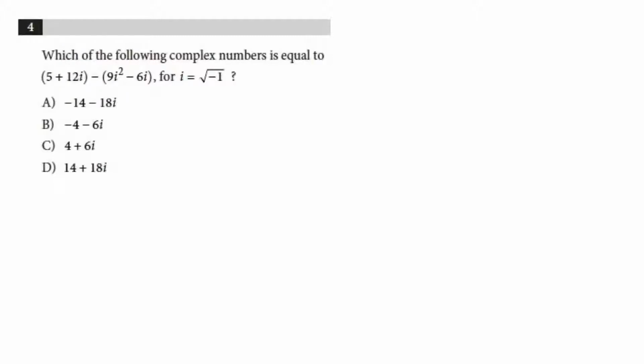Number 4. Which of the following complex numbers is equal to 5 plus 12i minus quantity 9i squared minus 6i? Okay, well, I'm going to start just by, I want to simplify this. I'm going to get rid of the parentheses by distributing the coefficients. Distributing positive 1 across the first set of parentheses gives me 5 plus 12i.